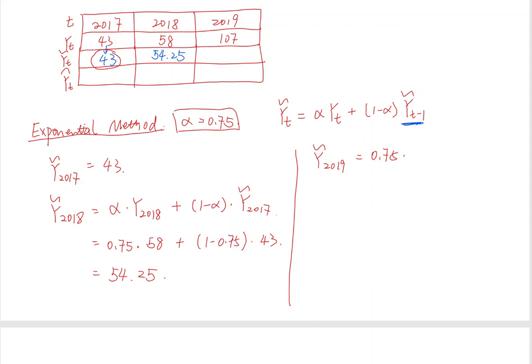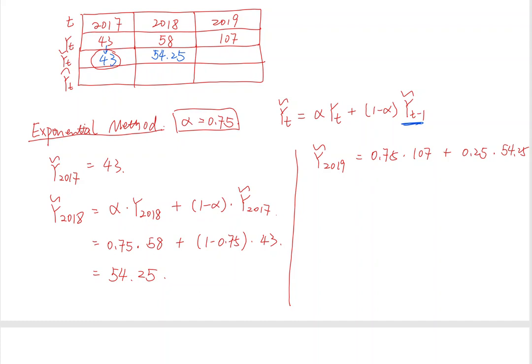Now the current value YT will be 107, plus 1 minus alpha, which is 0.25, times the previous estimated value, which is 54.25.